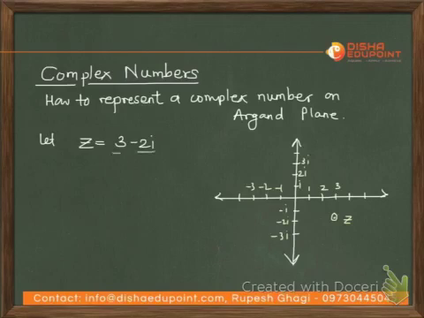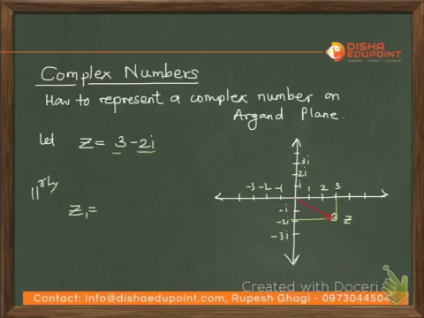How can we locate this? Right? So, on real axis, it is 3. On the imaginary axis, it is minus 2, right? So, this is the number z we needed, and we have plotted this number on the Argand plane.